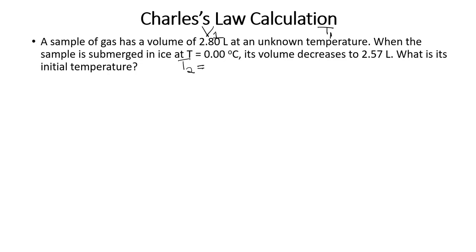So in this case, T2 will be equal to 0.00 plus 273 Kelvin, which is equal to 273 K. So that is T2 coming from here. So what I've done is to change the temperature from degrees Celsius to Kelvin.